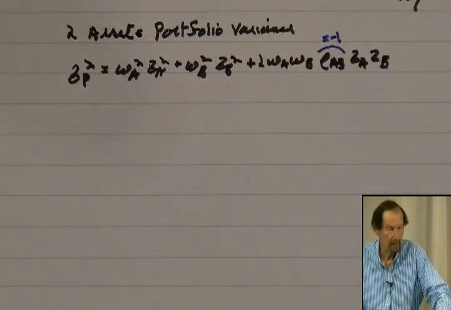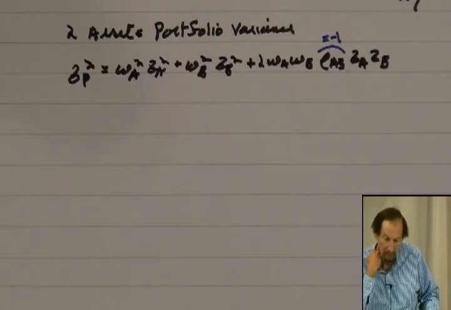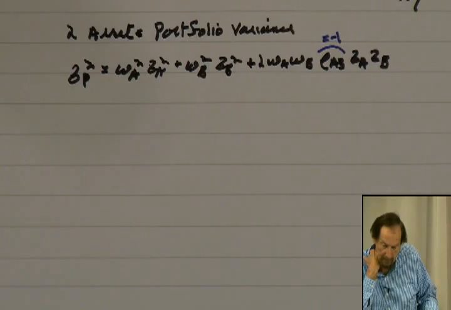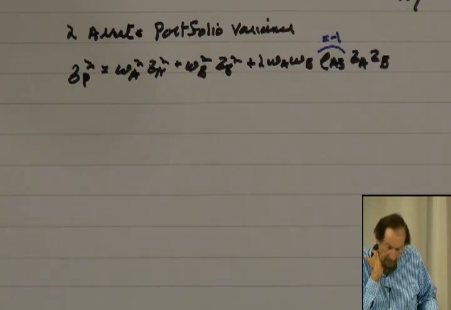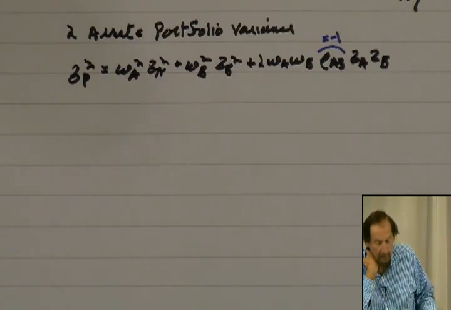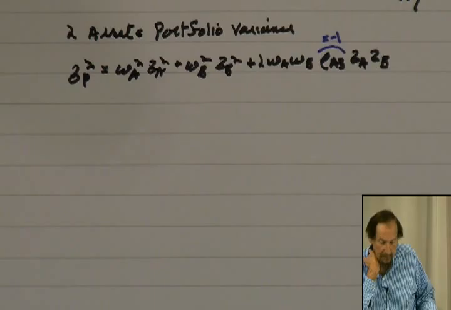Now, it's almost impossible to find two assets that are perfectly negatively correlated. You could look at, say, the price of gold and the Dow Jones. Sometimes they're negatively correlated, but not necessarily, and not perfectly.